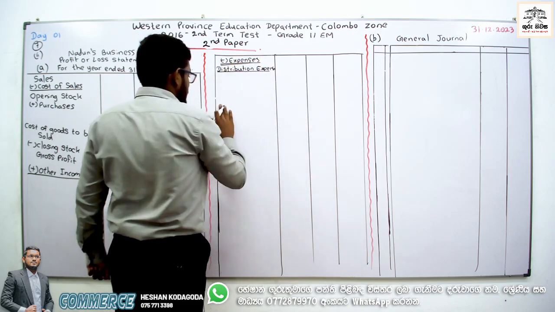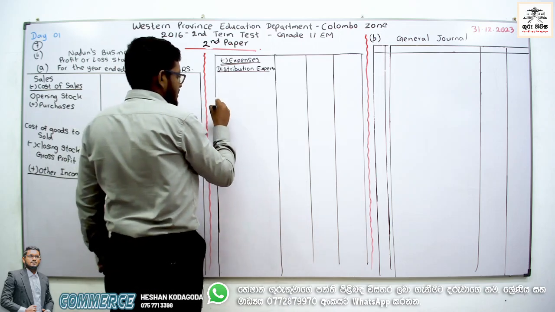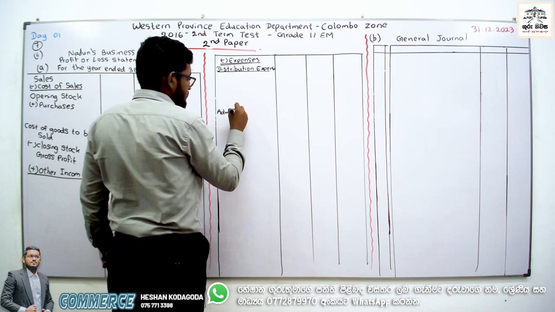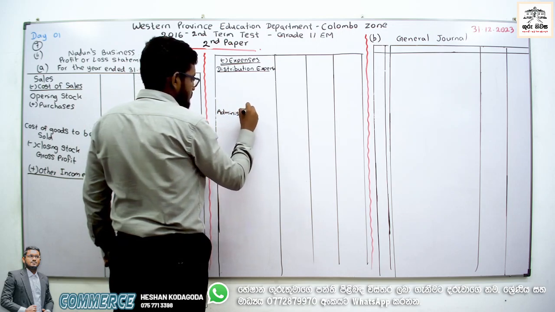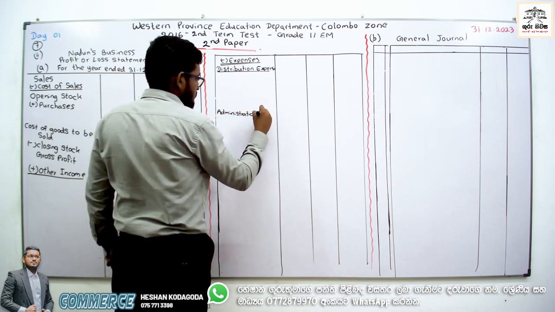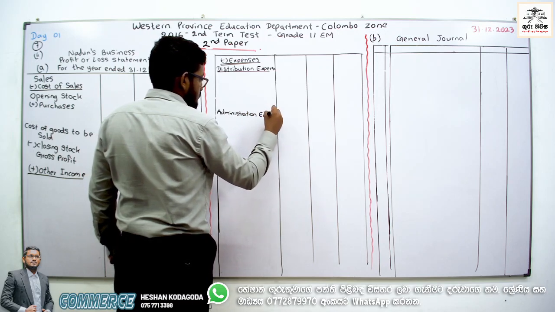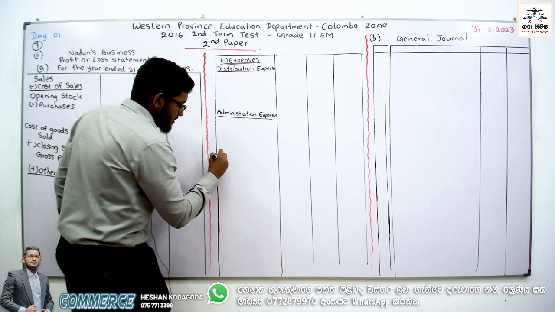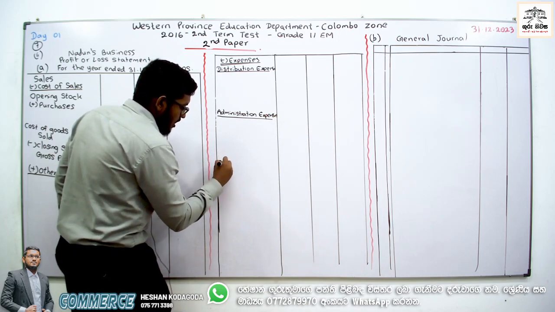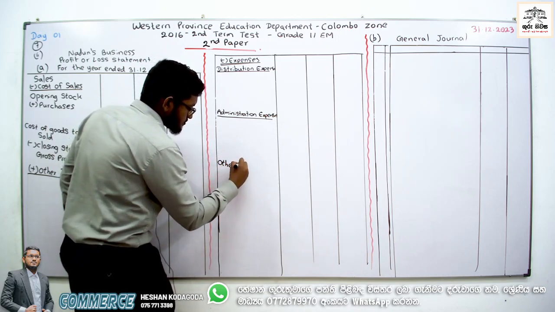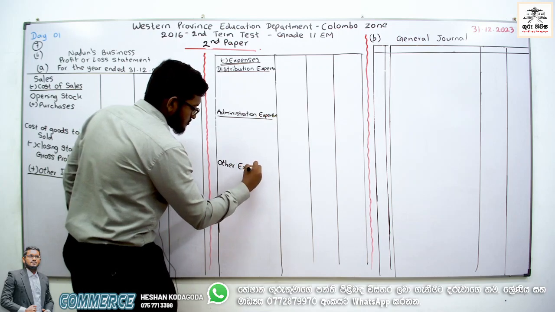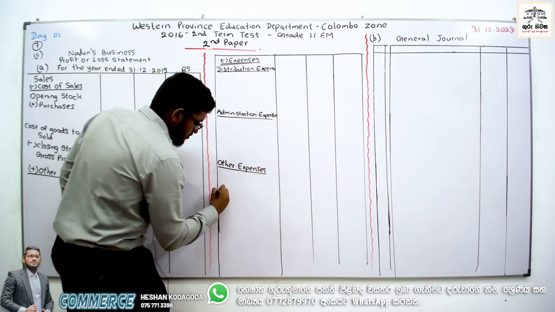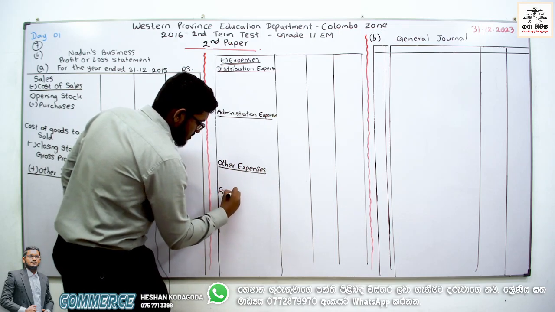Then keep 5-6 lines, then write administration. Then keep 5-6 lines, then other expenses. Then write financial expenses.